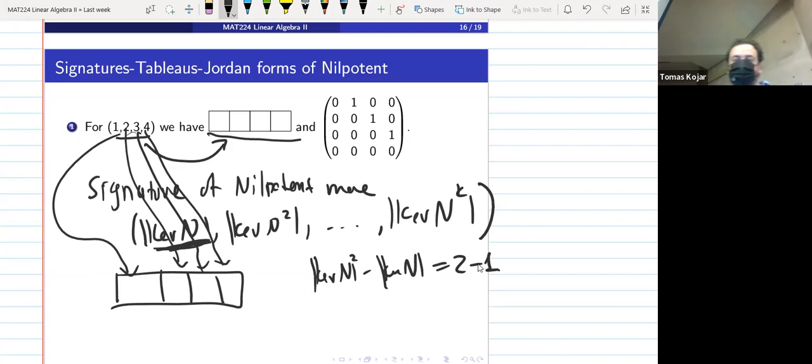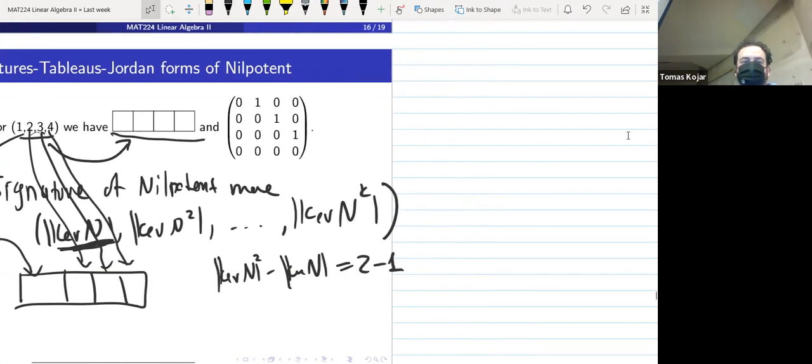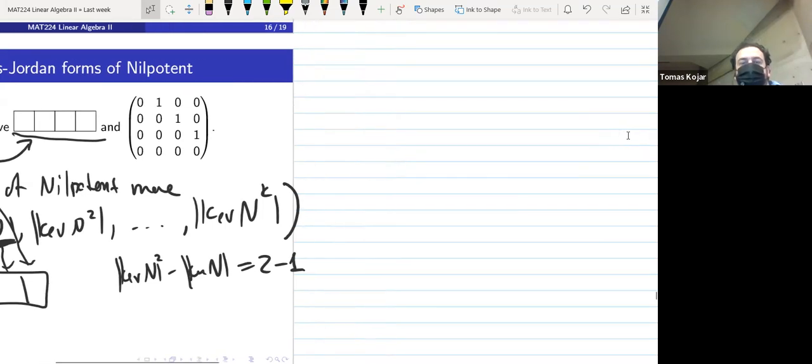All right. Let's see. So the way we do this is with cycles. If you have a nilpotent map, you first form the cycles, right?